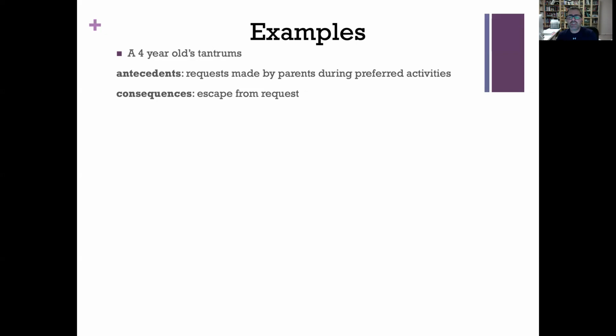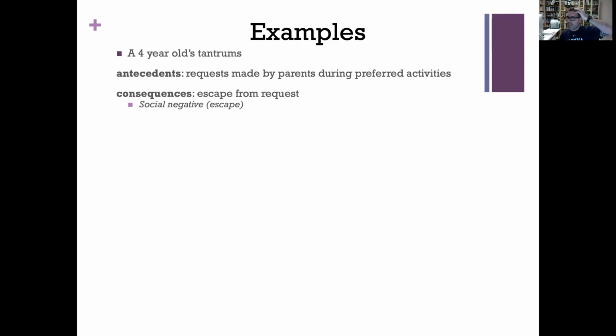Now, imagine you have a 4-year-old tantruming, and we know that that happens when the parents request the child to do something, and the behavior produces escape from requests. So what's the function of the behavior? Well, it's positive or negative reinforcement, negative, and is it social or automatic? Well, social, right? So this is social negative reinforcement.